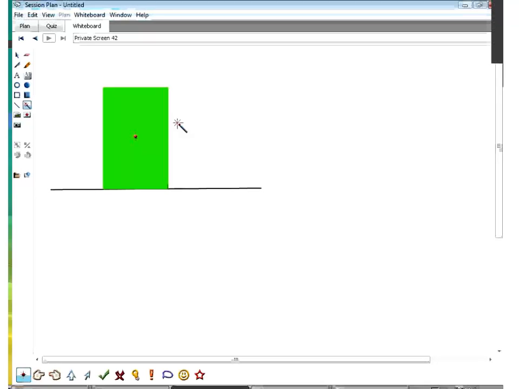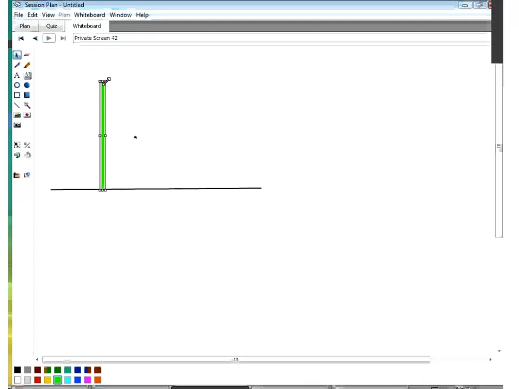Chain type of problem, for example, a uniform chain. If the chain is uniform, then you can use this result directly. Say this is a uniform chain, or uniform rope, straight. Length is L. What is the potential energy of the rope if the baseline is this? Simple, mgL by 2.